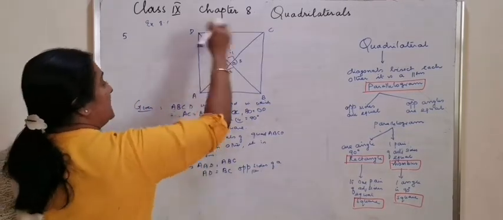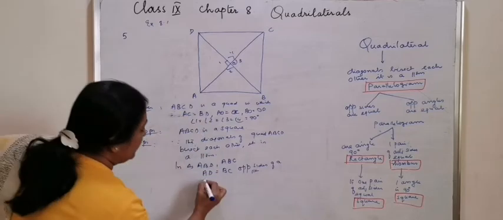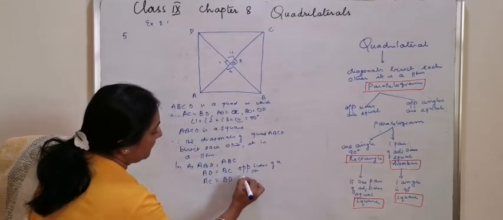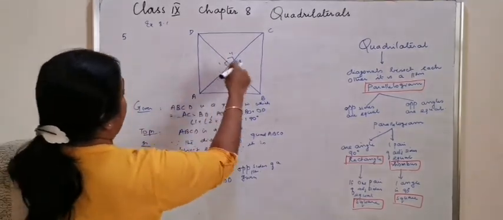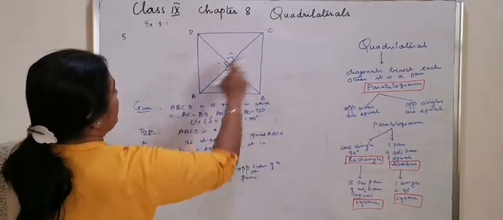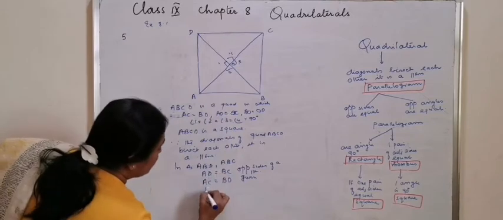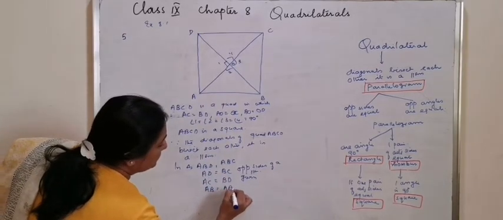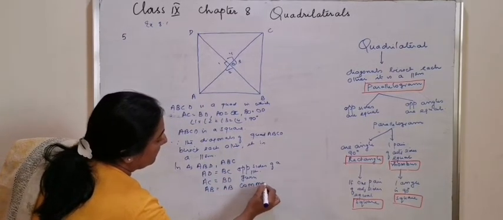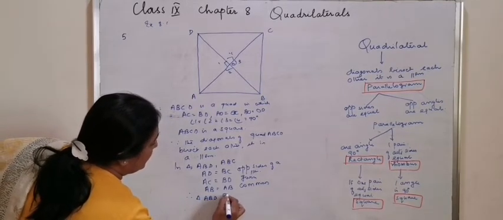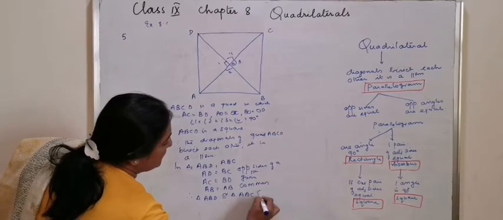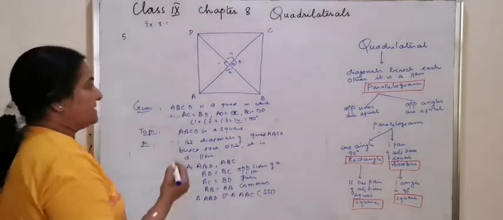Then AC is equal to BD, it's a given condition. And AB is equal to AB, common. Therefore, triangle ABD is congruent to triangle ABC by SSS.